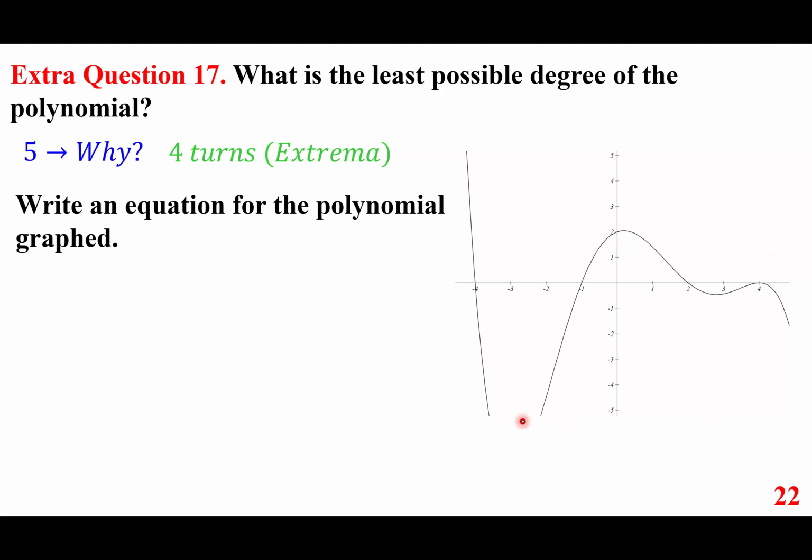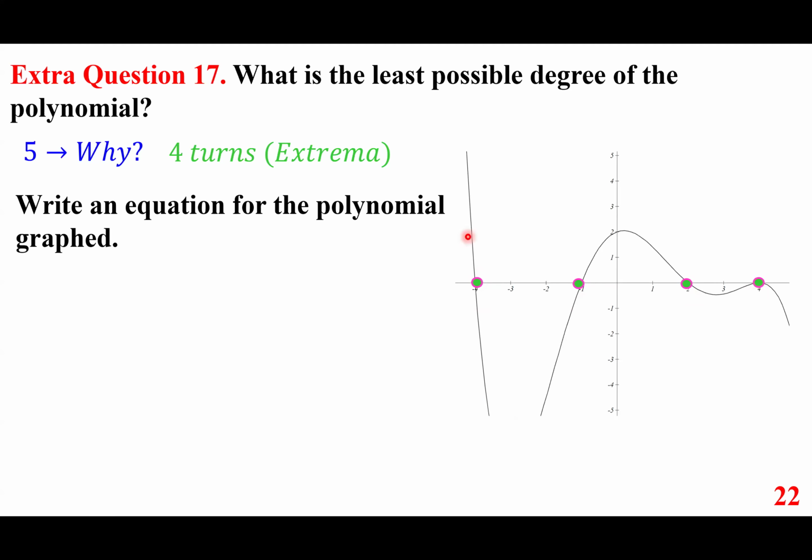All right, they want us to write an equation for the polynomial. So let's put the x-intercepts. And so we notice this is -4. So x plus 4. This is -1, x plus 1. This is positive 2, x minus 2. This is positive 4, x minus 4.